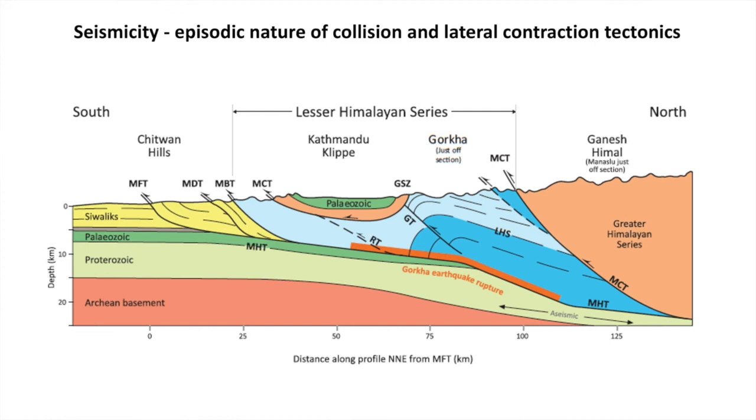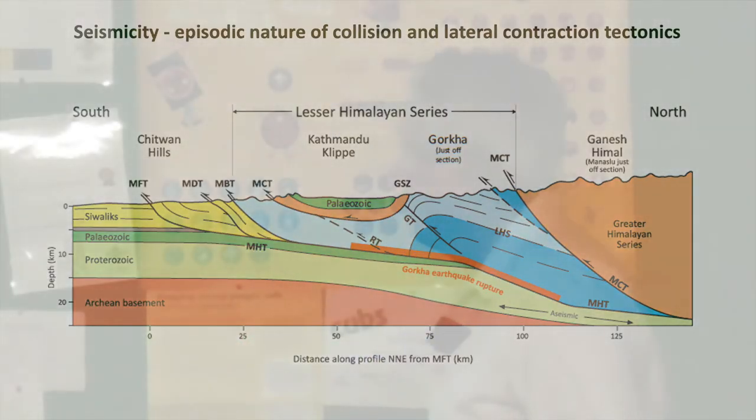And so these movements take place in a very complicated way and episodically and at an interval of about every 800 years. You can work out statistically and from records that there's a sort of periodicity of about 800 years in the Himalayas. That's not a universal rule for other mountains.